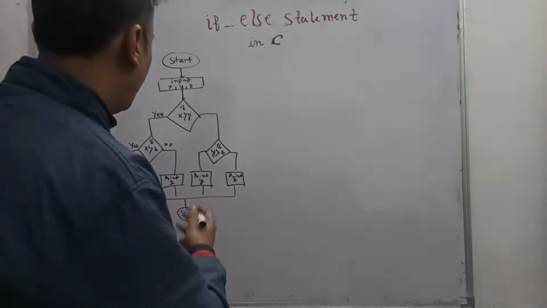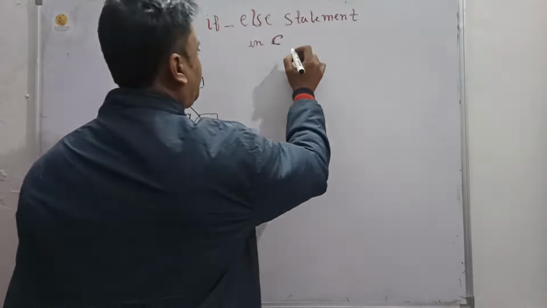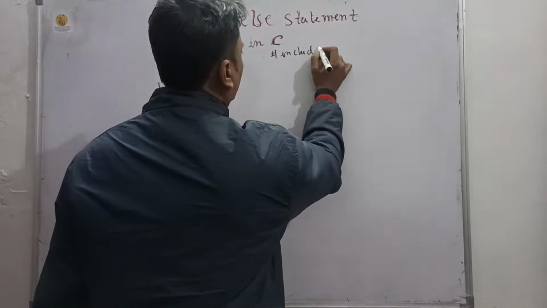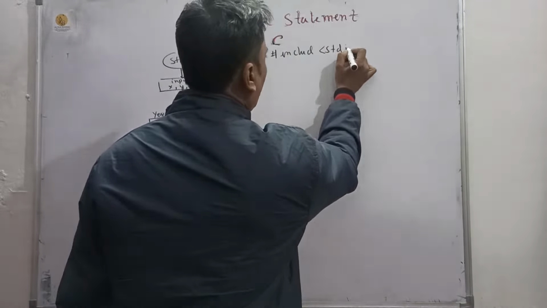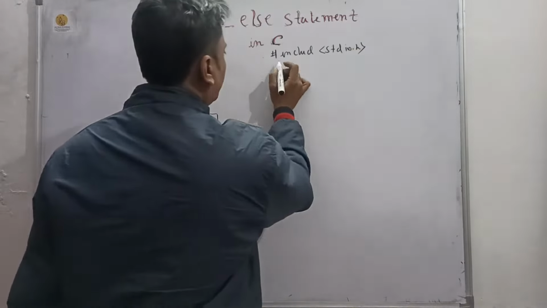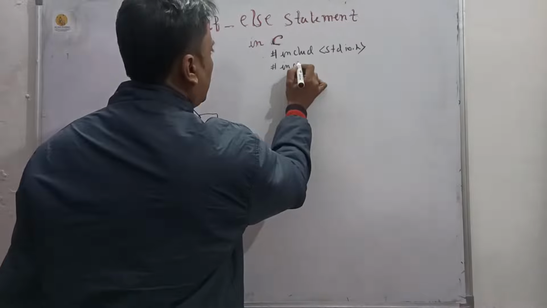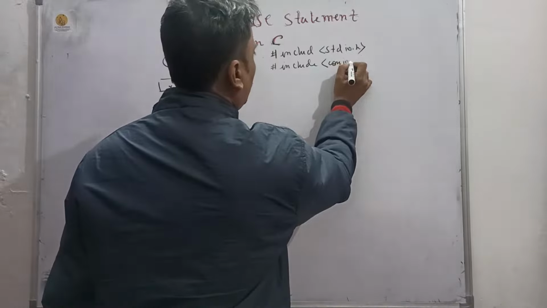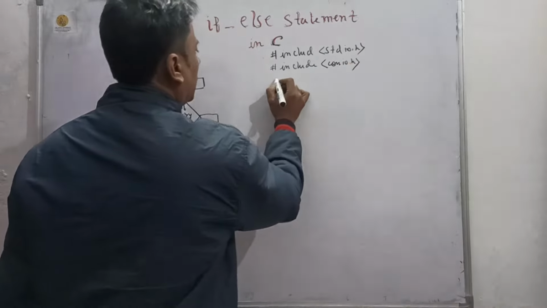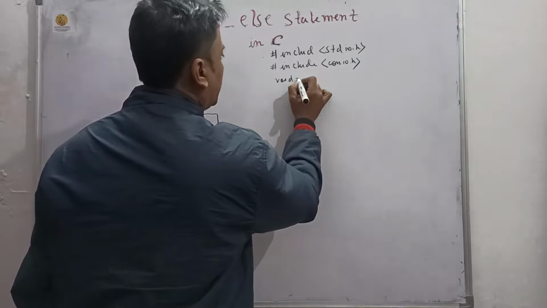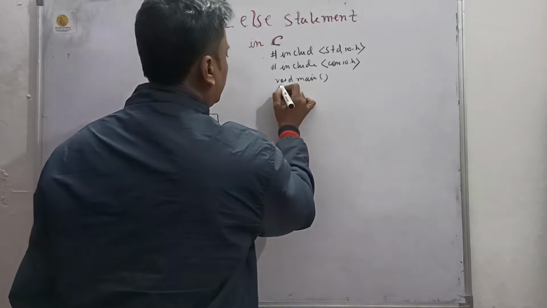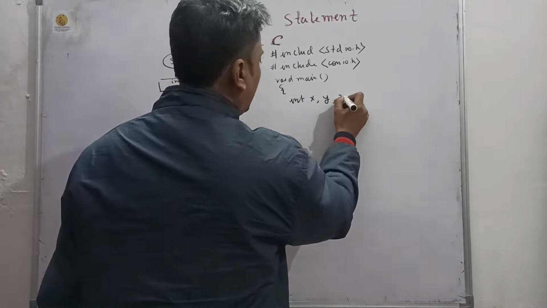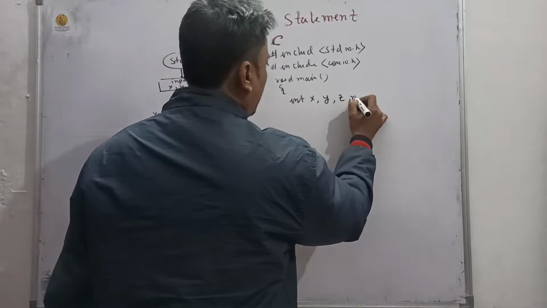Now, we try to write this program using C. #include <stdio.h>, #include <conio.h>, void main, then int x, y and z, and also max.